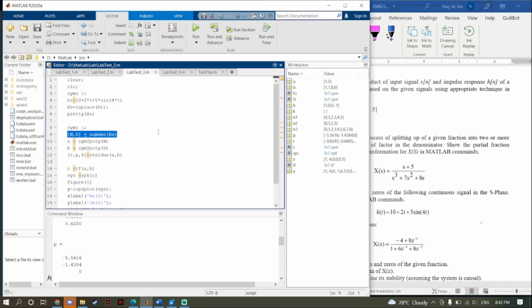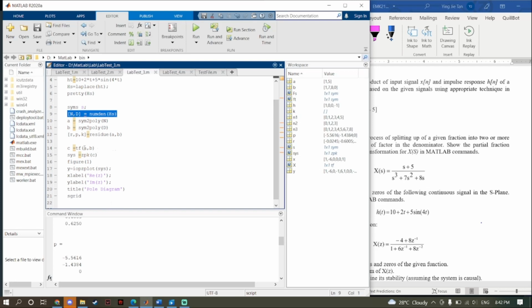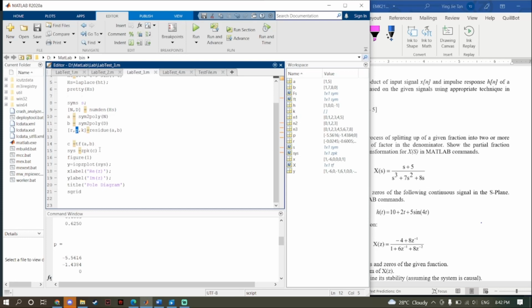And again polysim, so I don't need to code it in, the system will automatically substitute the numerator and denominator into the equation, and we'll use RPK to get the poles, the number of poles, the value of poles, and then this part is to plot out the plane, the graph.